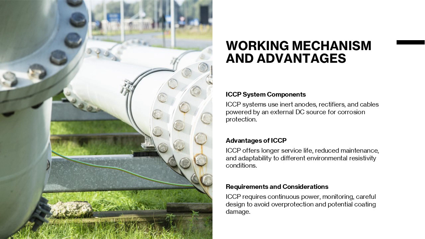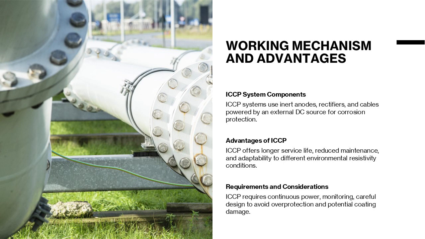The system consists of a rectifier, anodes, and cables, allowing precise adjustment of protective current based on environmental conditions and structure requirements. ICCP offers advantages such as longer service life, reduced maintenance, and adaptability to varying soil or water resistivity.